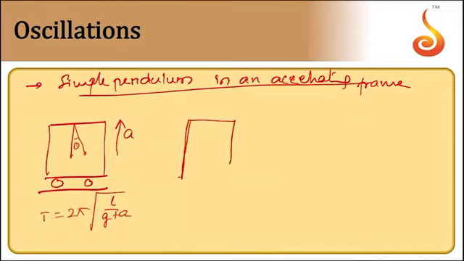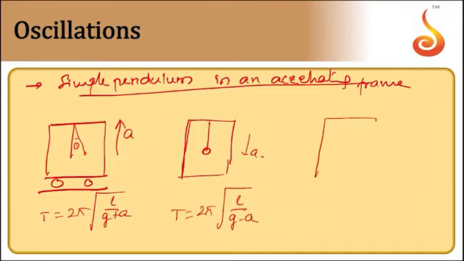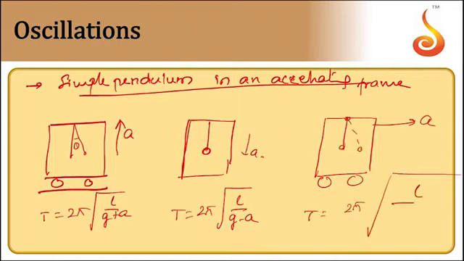Suppose the same setup is accelerating down. Then, the time period of such an arrangement is given by 2 pi root L by g minus a. If the same platform or same arrangement is accelerating horizontally, then the time period of this arrangement is given by 2 pi root L divided by the square root of g square plus a square. So, the square root of g square plus a square is the denominator.